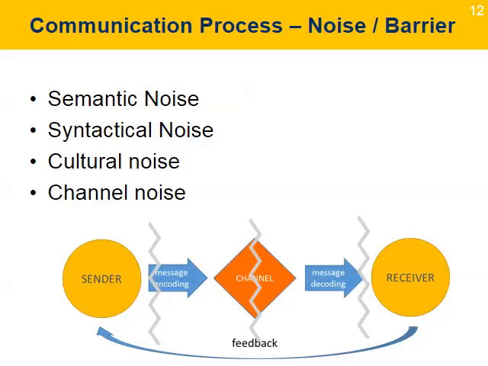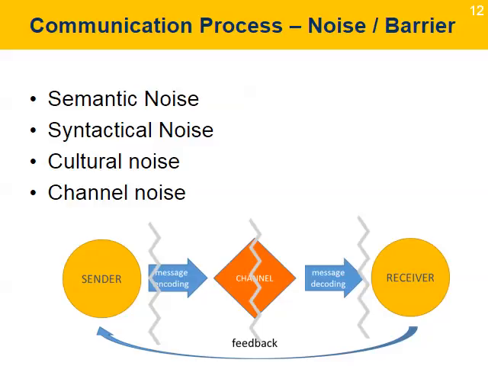Every step of the communication process can be affected by barriers or noise that can interfere with the message. Some categories of noise include semantic noise, which refers to when a speaker and a listener have different interpretations of the meanings of certain words. Syntactical noise refers to when communications can be disrupted by mistakes in grammar, such as an abrupt change in verb tense during a sentence.